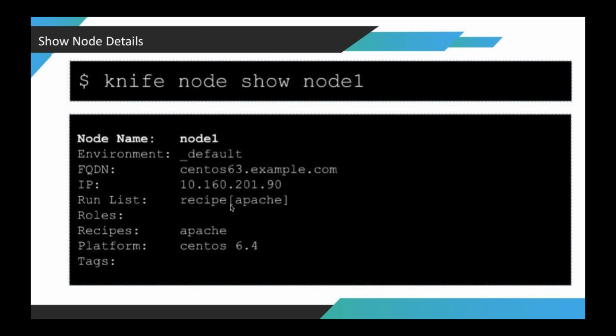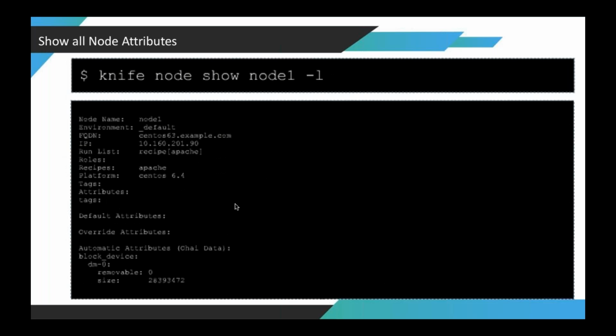And you can show the details of node 1 as knife node show node1, which will give you all the information about the node. Like the host name for the node, the IP address that the node is going to resort to, and the recipes which are being run on that node. Okay.